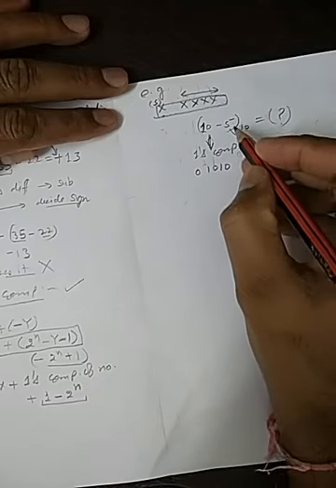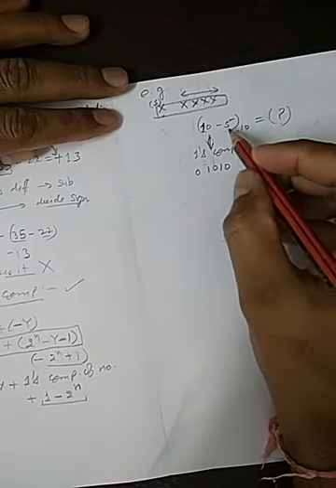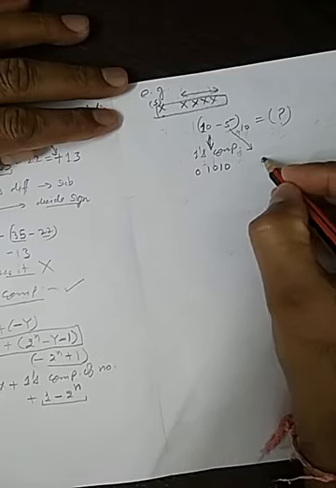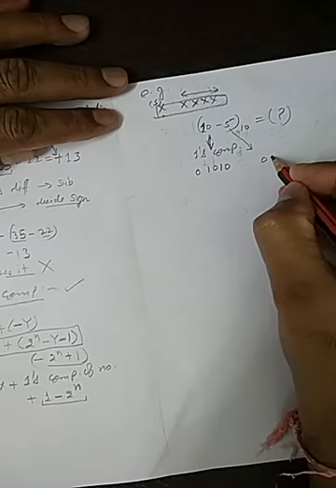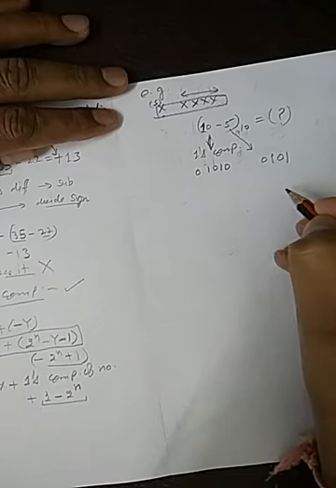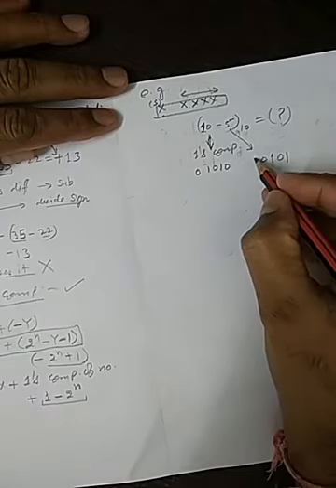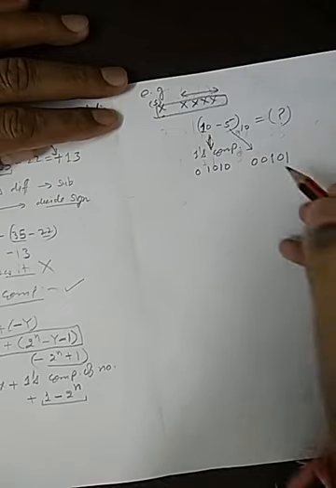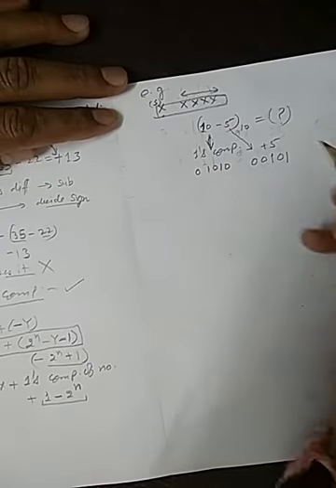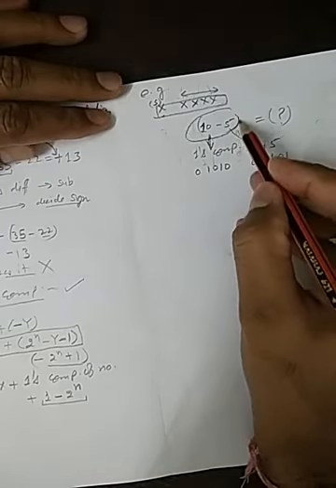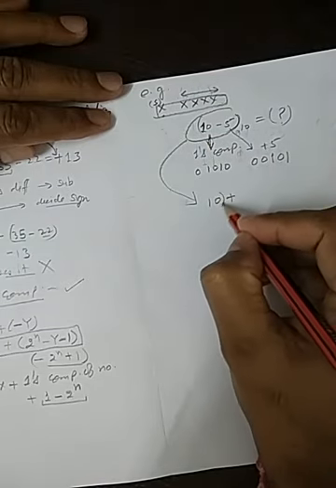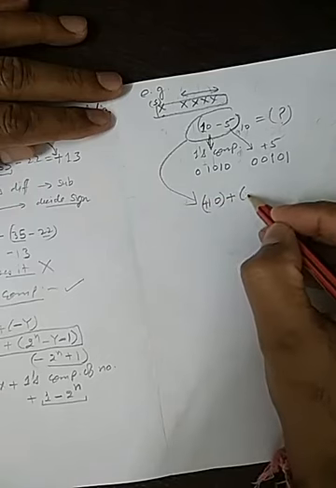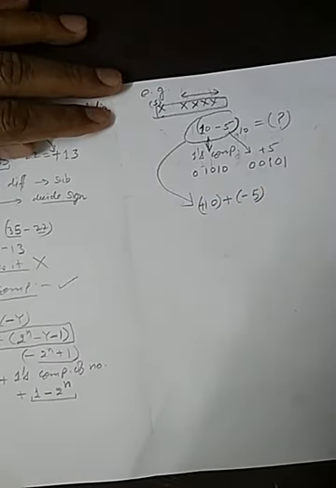The representation of 5 is 0101, 4 bits along with the sign bit, it is plus 5. So I can write this whole thing as 10 plus minus 5.